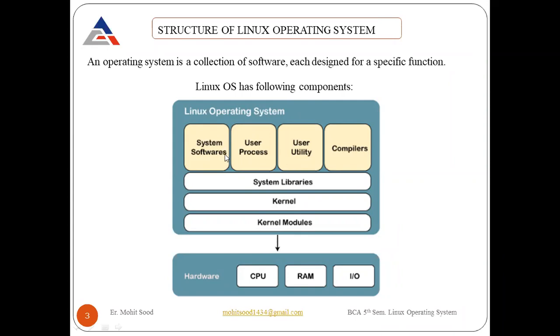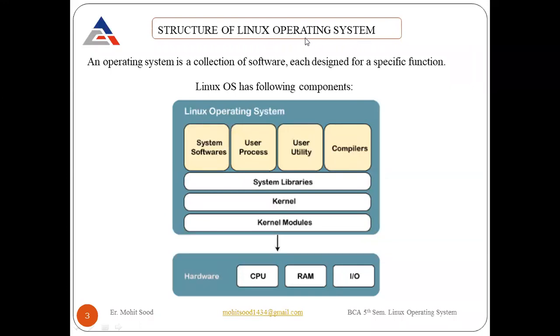What is system software? What are system libraries and the kernel? I will tell you in the next slides. What is user utility? What are compilers? What are system libraries? What is the kernel? Kernel modules. What do you mean by hardware? CPU, RAM, input, output. This is the basic structure diagram of the Linux operating system.